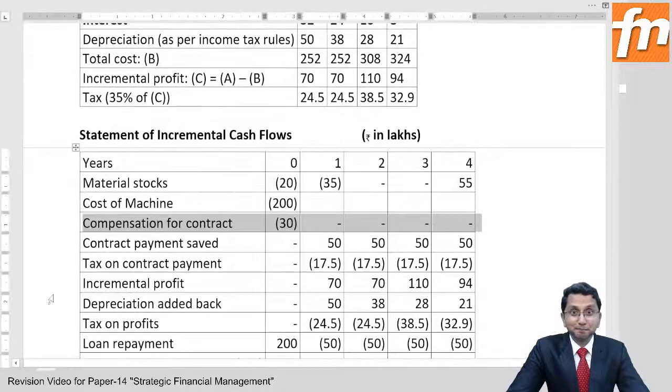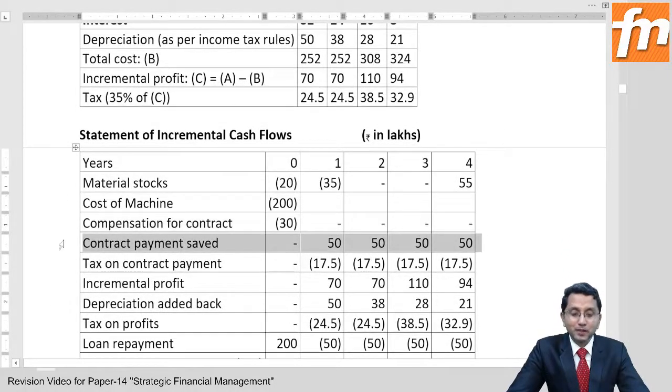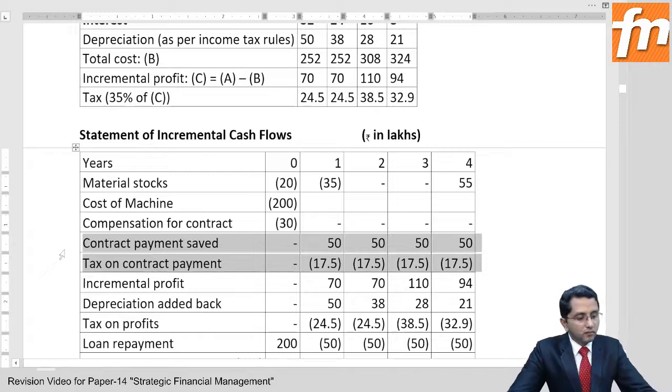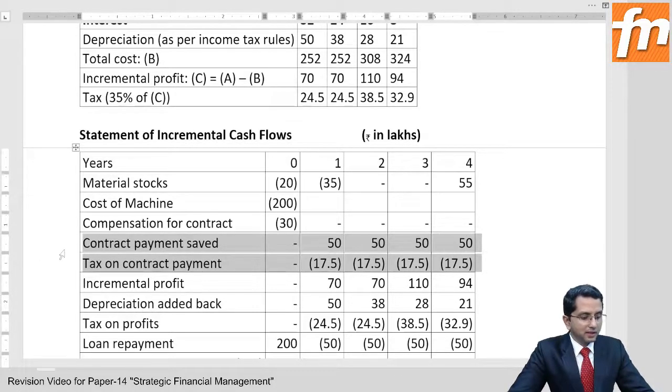Compensation to contractor, 30 lakh outflow. Amount saved on contractor payment is 50 lakhs. And tax on this at the rate of 35% is 17.5. So this is 50 into 0.65 basically. The net of these two is 32.5 lakh.